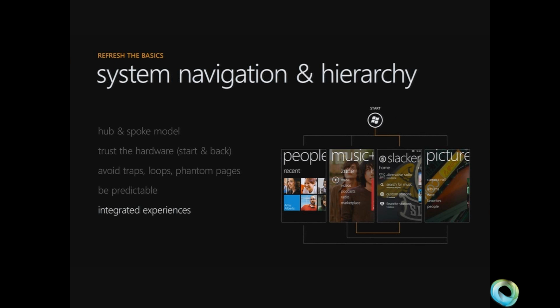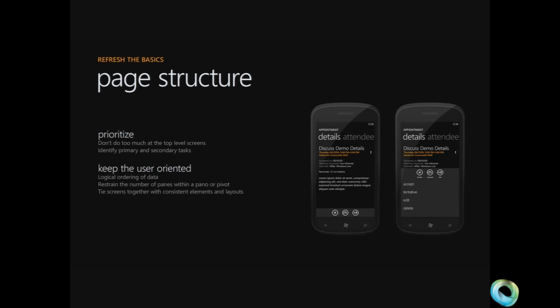All right. Page structure. What I mean by this is, as we envision how our app is going to work, we're going to obviously break it down into some pages, right? I'm talking about sample pages here. Now it's important to remember that this is a small form factor, right? So our page can't be doing a whole lot of things, because then the user is going to get confused.